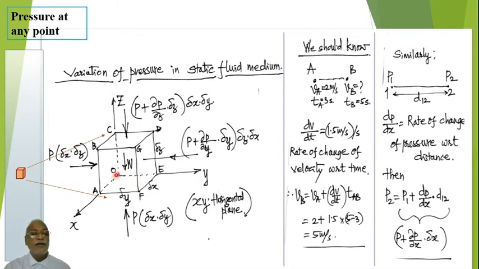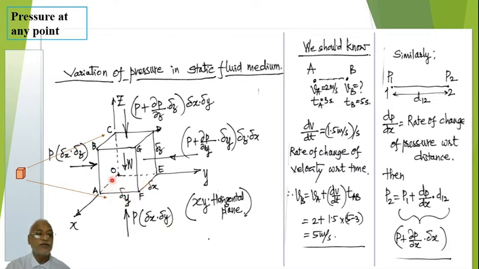Okay, here I have represented it in this direction, that is in the positive Z direction. On the bottom surface there is a pressure P, multiplied by delta X into delta Y gives the force.